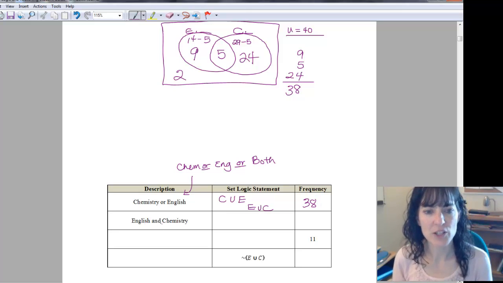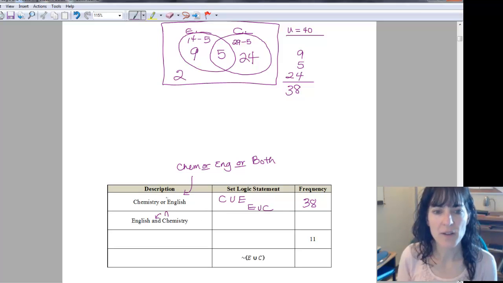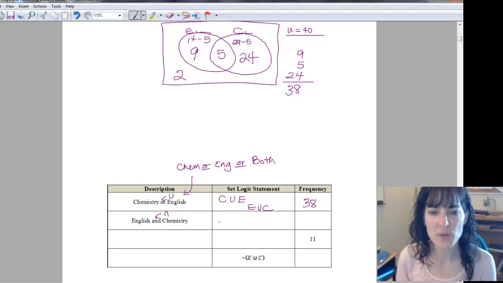Let's look at English and chemistry. Now when you see and, that is telling you intersection, and the or is telling you union. So you need to memorize those 2. And tells you intersection, so this one would be written as E intersection C, or you could also write C intersection E. They're equivalent.